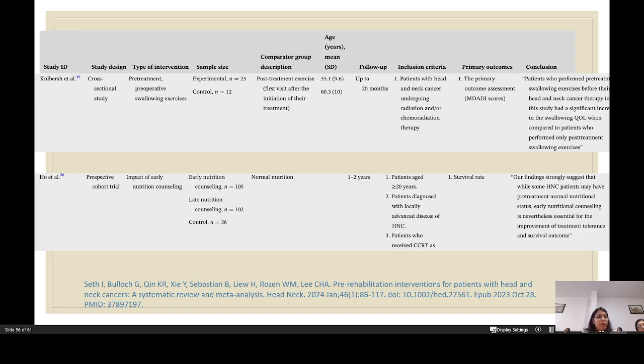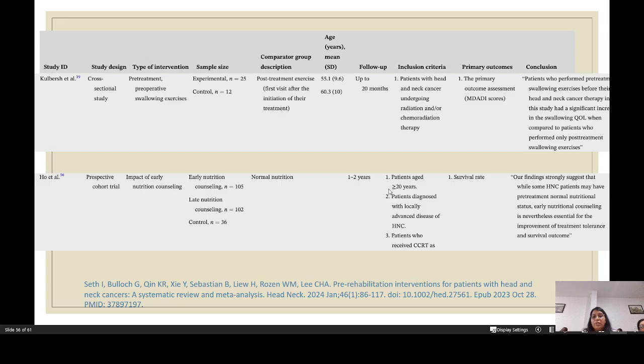Next is Ho et al. That includes a prospective cohort study. Type of intervention is impact of the early nutritional counseling. Sample size was early nutritional counseling, 105, late counseling, 102 patients. Comparative with the normal nutrition, follow-up for 1 to 2 years.